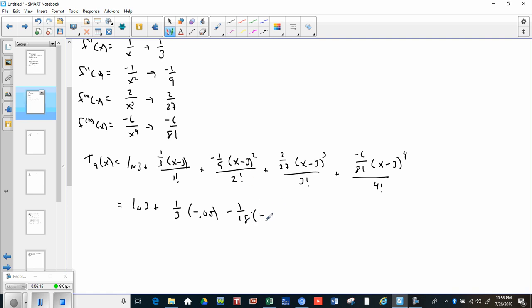Again, it's always going to be negative 0.05, but the power will change, so now it's squared. Then 2 over 27 divided by 6. 2 over 6 reduces to a third, so 3 times 27 is 81. So I'm going to get 1 over 81.